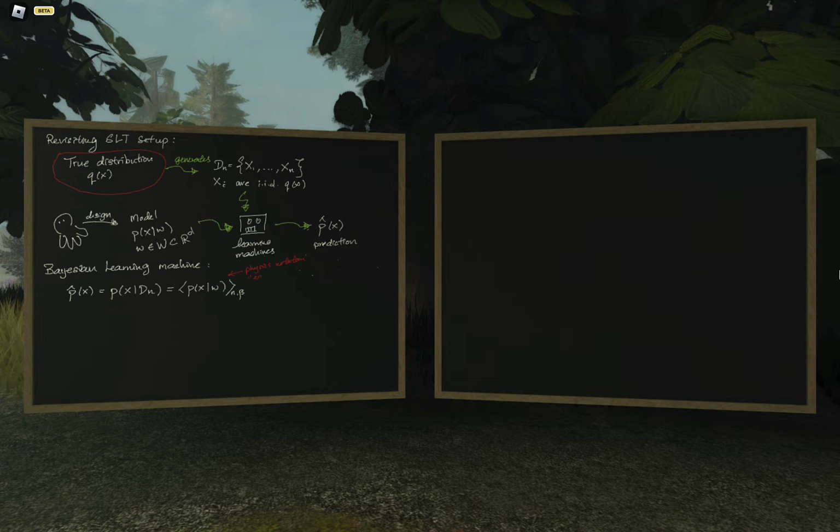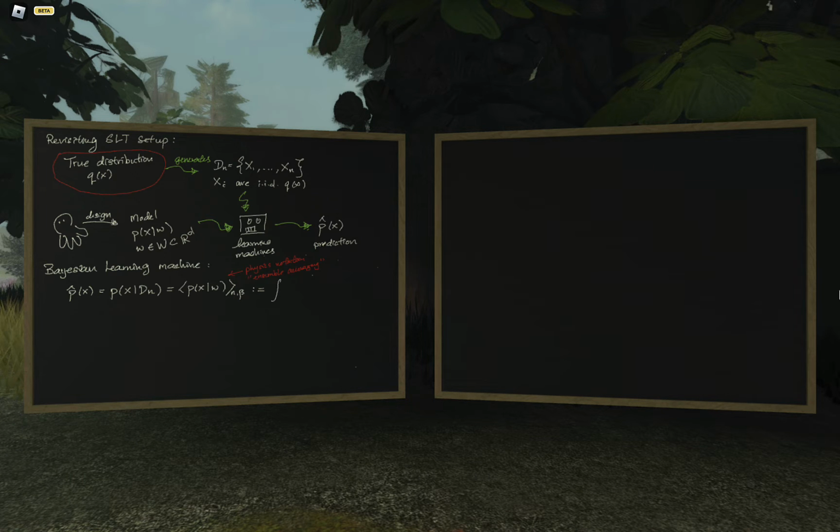And here I'm using sort of physics notation, like ensemble averaging. So already I'm treating the Bayesian posterior as analogous to the Boltzmann distribution.